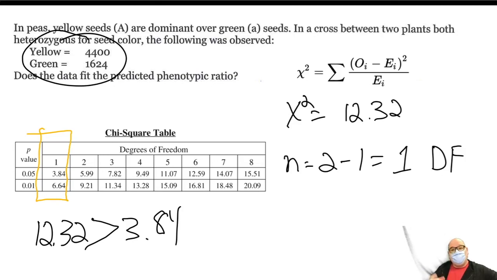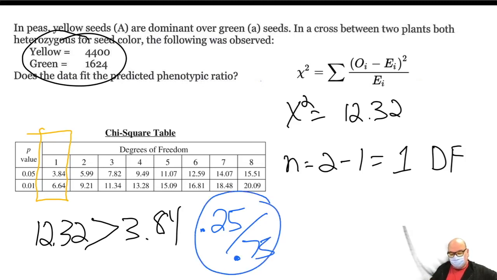So what does that mean? That means that the data did not fit what you expected. What did you expect? You expected 25% and 75%. That's not division, I'm just writing down the two expected numbers.